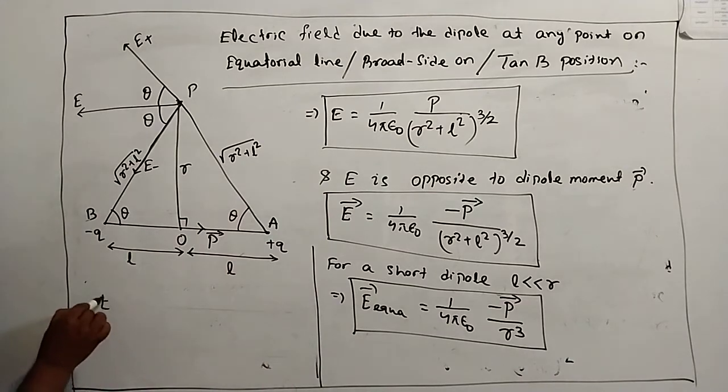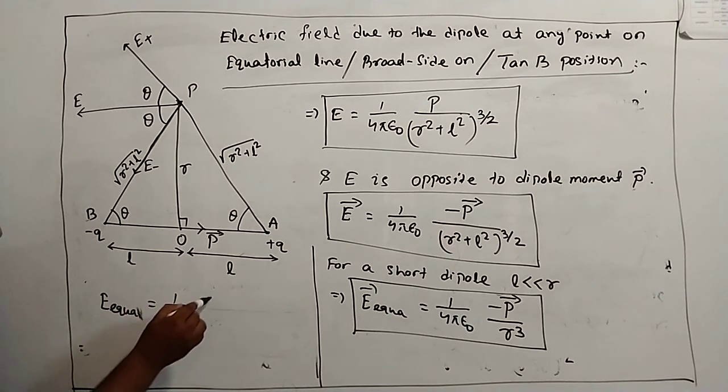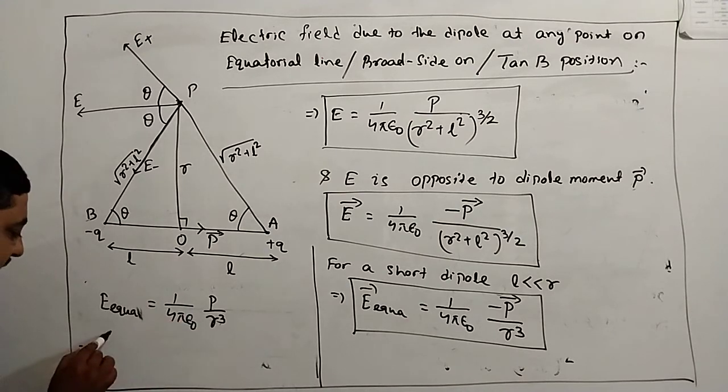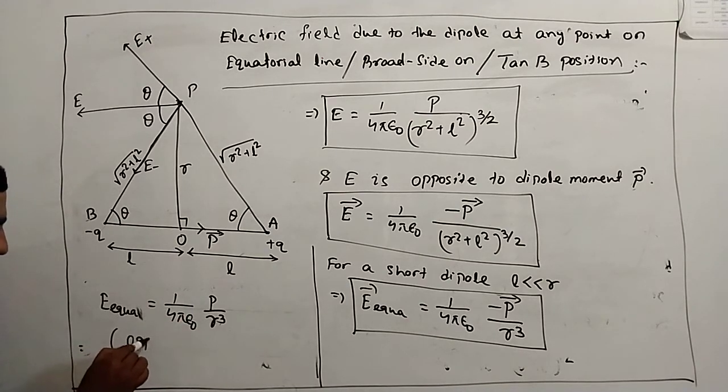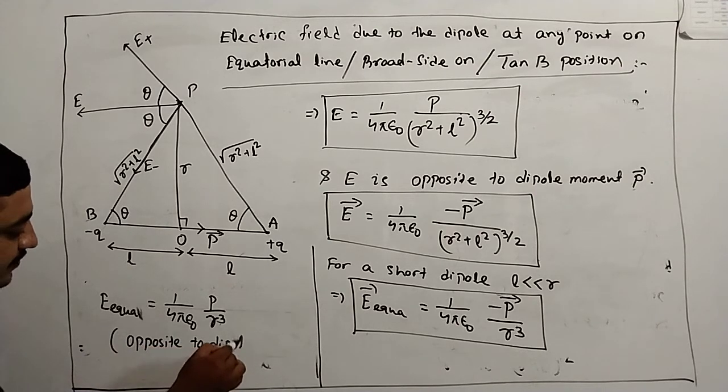If you take the magnitude only, it will be E equatorial equal to 1 by 4πε₀ P by R³, and the direction is opposite to the dipole moment.